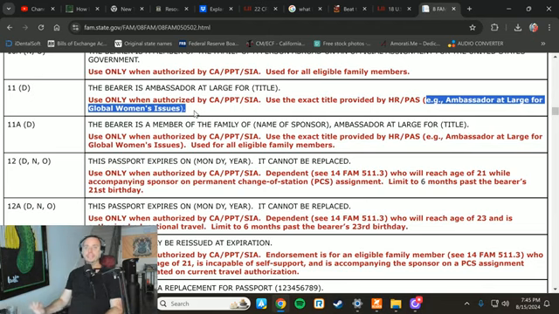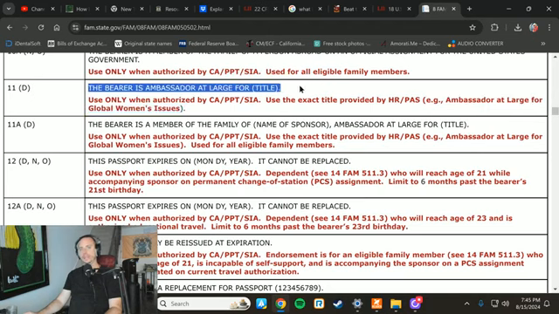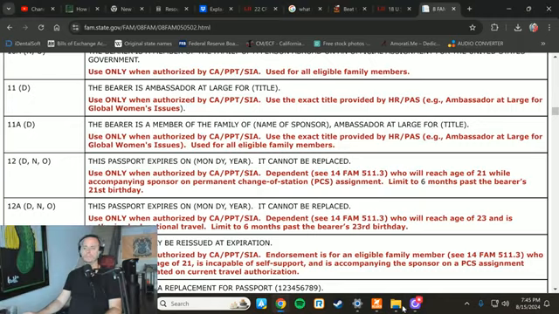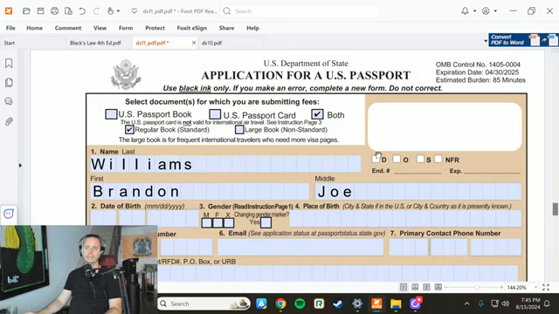Nations, United Nations is a nation. So you could be the bearer as ambassador at large for United Nations. This has nothing to do with territory or location, like I said before, right? So you don't qualify for an NFR probably because that would be like a military personnel. So you could even leave all these blank, right?